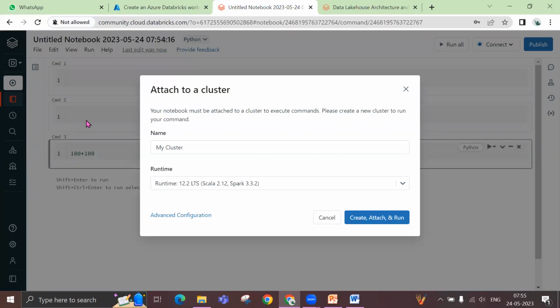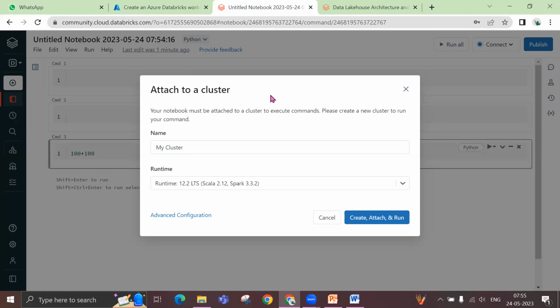Now you see, whenever you run, it says attach a cluster. So what is a cluster? We already discussed it when we were working in Azure Data Flow, where we create a cluster to do the mapping data flow, and so on. Similarly, if you remember the integration runtime clusters we were using when you bring data from multiple sources and do the transformations.